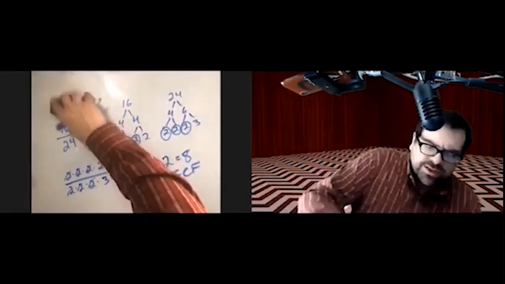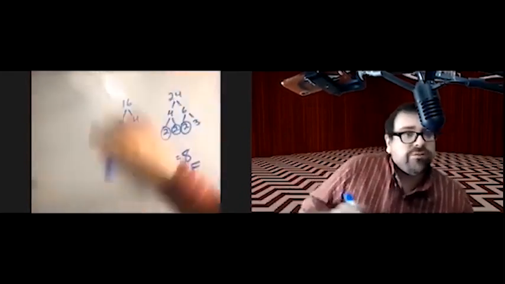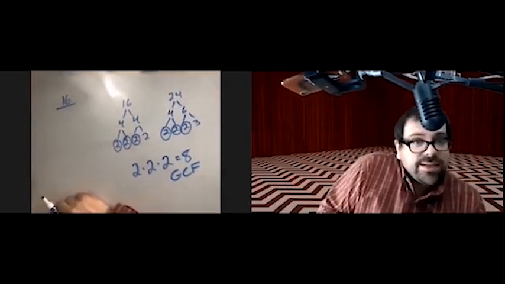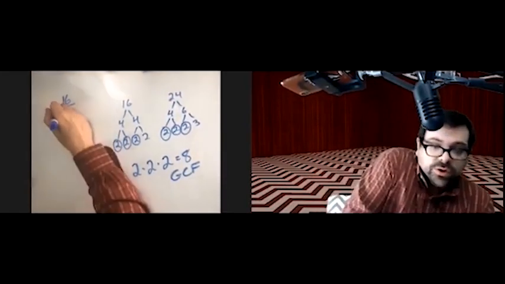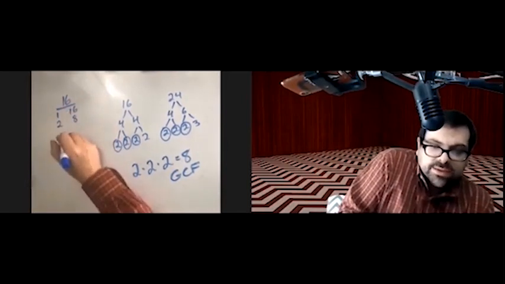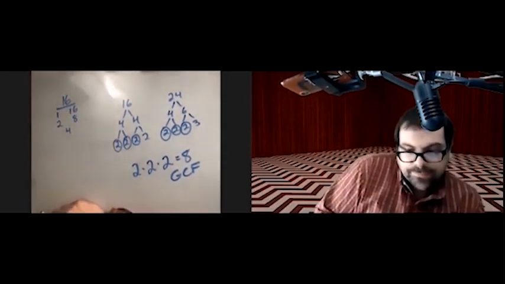Another way of finding the greatest common factor of 16 and 24 would be to list all of the factors of 16, just like we did for 12. 1 and 16, 2 and 8, 4 and 4.